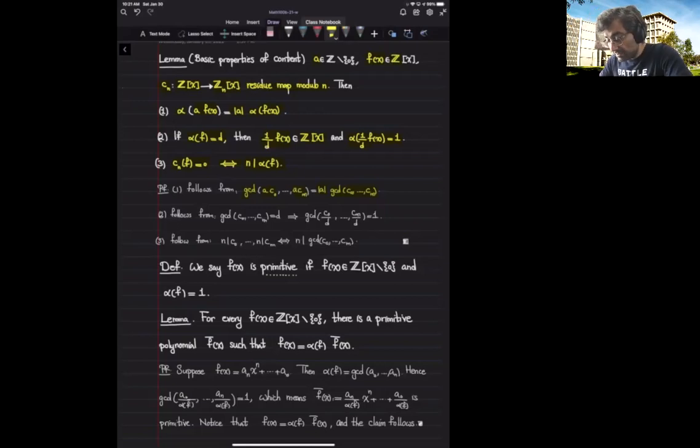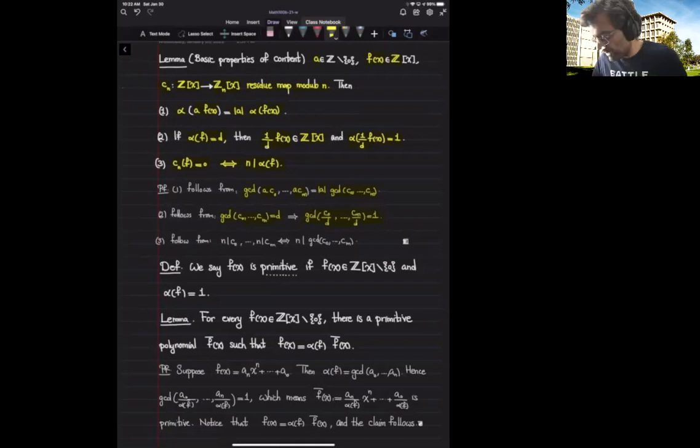Now, similarly, the second part relies on the fact that if the GCD of the coefficients, let's call them c sub i's, is d, then when I divide the c sub i's by this GCD, the resulting integers are going to be co-prime. The GCD of these is going to be 1.